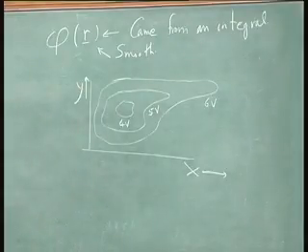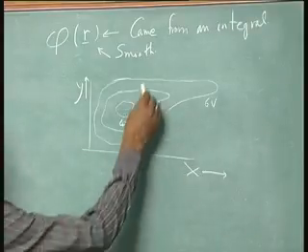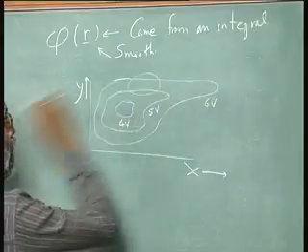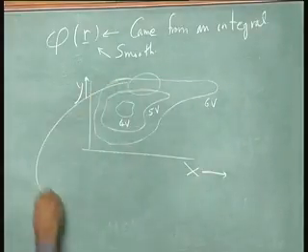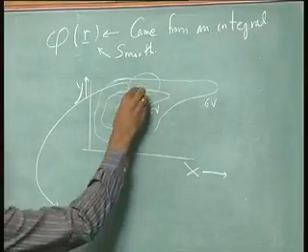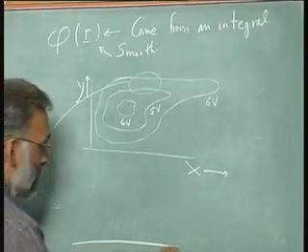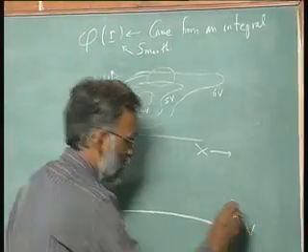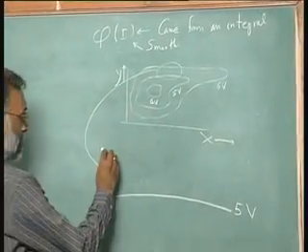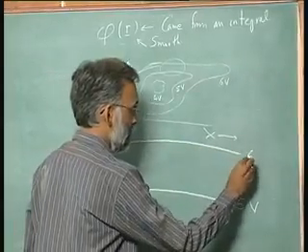Now, what is the advantage of this? Supposing I look at this part alone, I am going to blow it up. The 5 volt surface looks like this. The 6 volt surface looks like this.